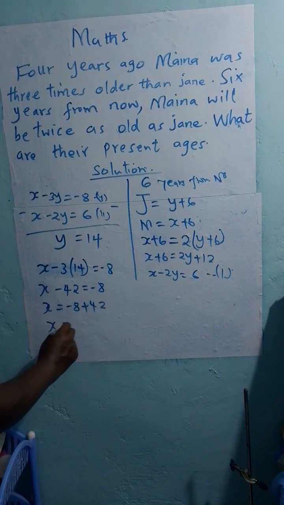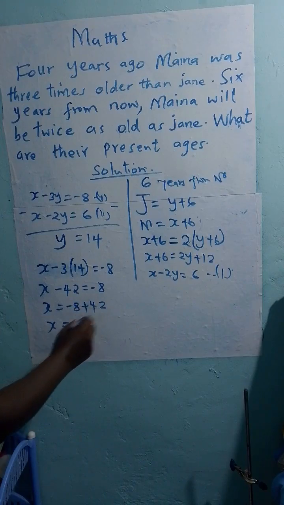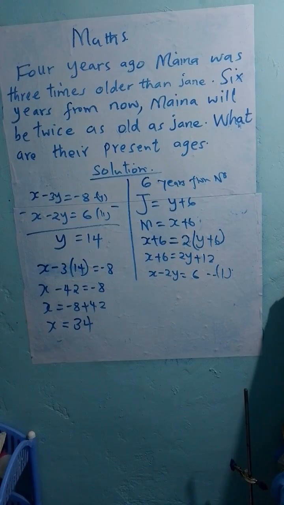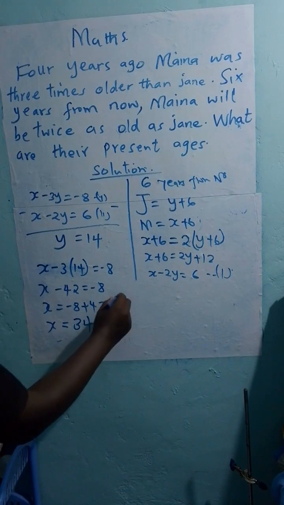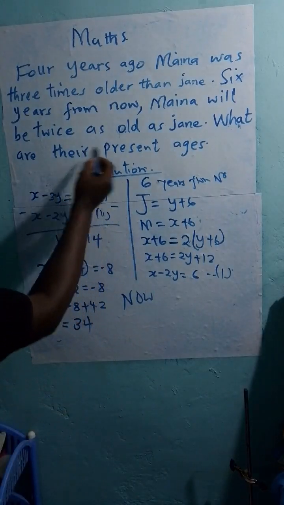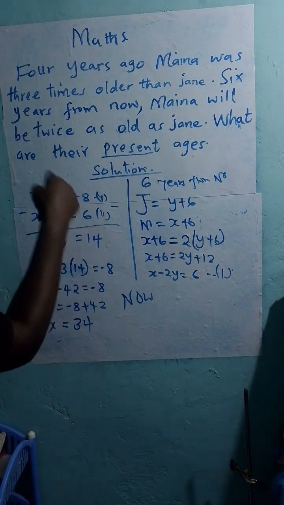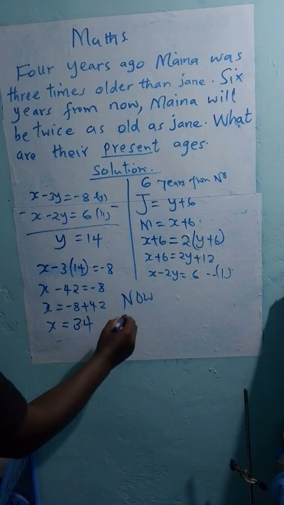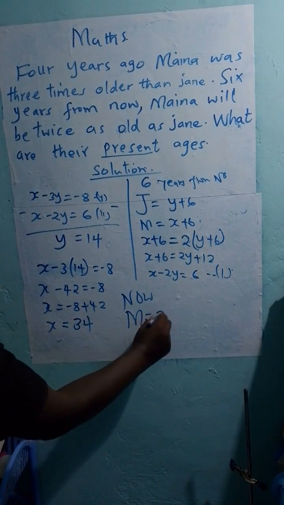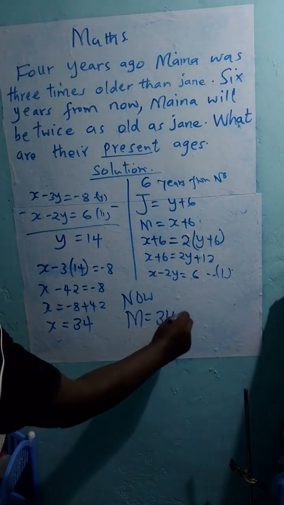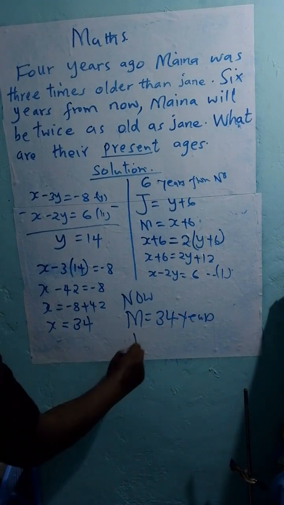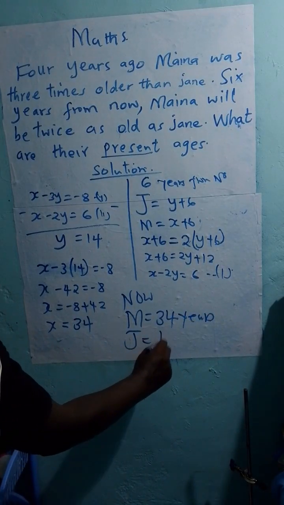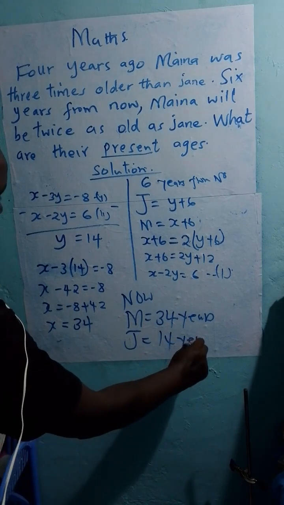X is equal to 34. So it means that now, because we have been asked the present, the now. So now the minor is 34 years, and then the other is 14 years now.